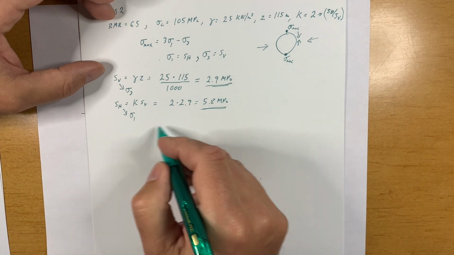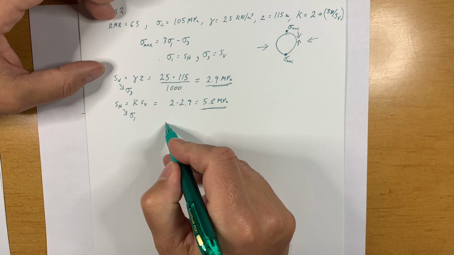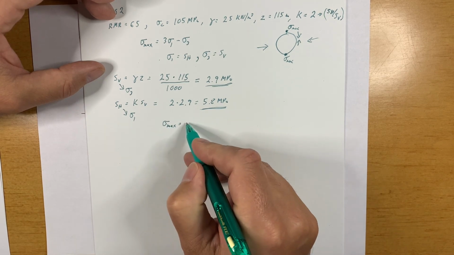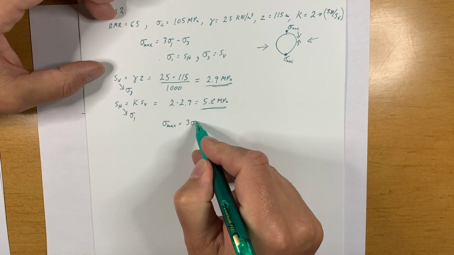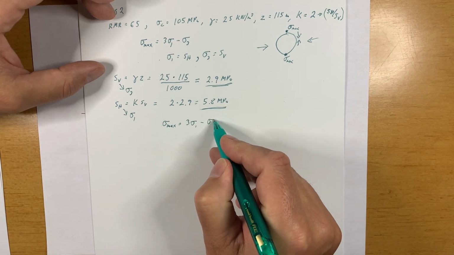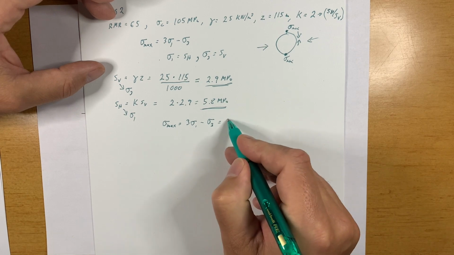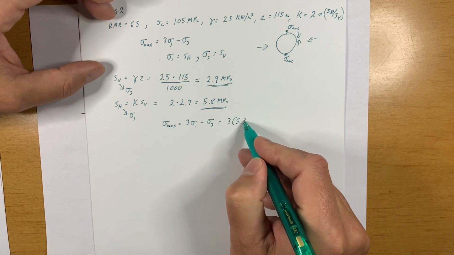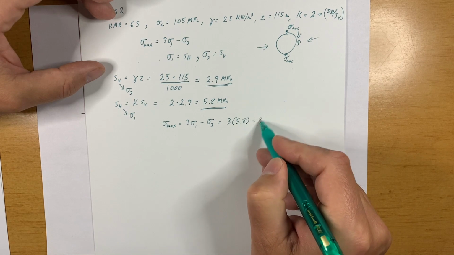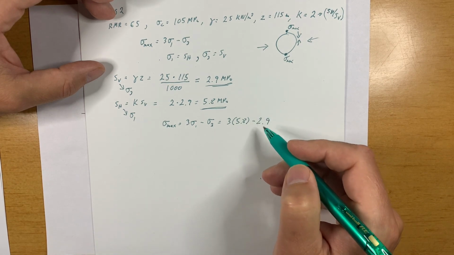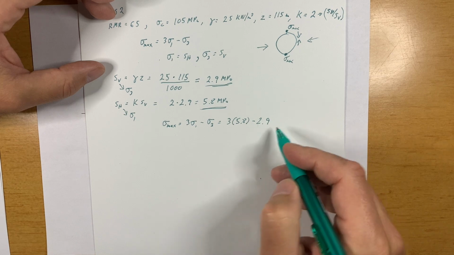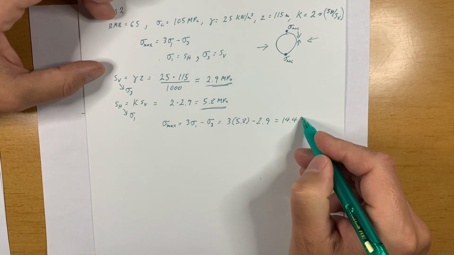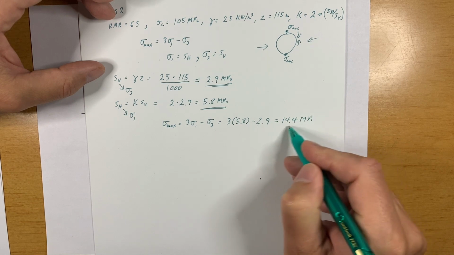From that, we can calculate sigma max. It's 3 times sigma 1 minus sigma 3, 3 times 5.8 minus 2.9, and that's going to give us a value of 14.4 MPa.